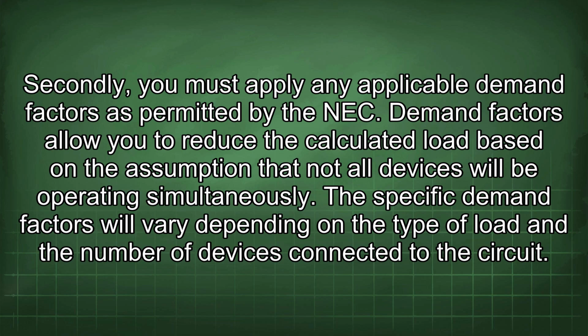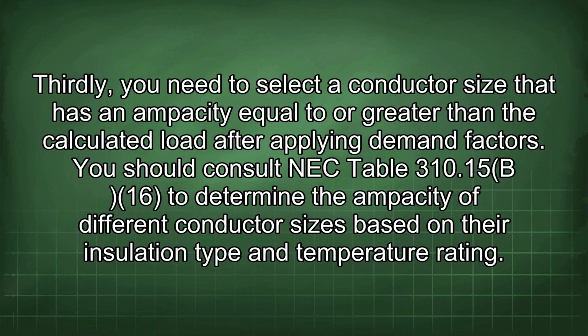Demand factors allow you to reduce the calculated load based on the assumption that not all devices will be operating simultaneously. The specific demand factors will vary depending on the type of load and the number of devices connected to the circuit. Thirdly, you need to select a conductor size that has an ampacity equal to or greater than the calculated load after applying demand factors.